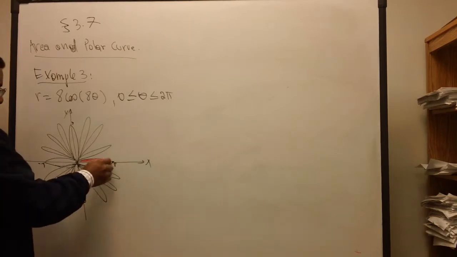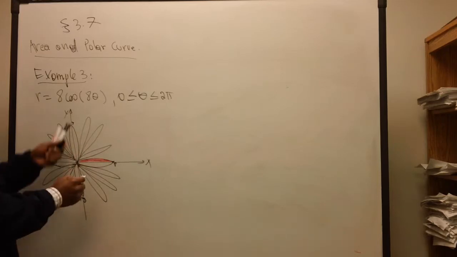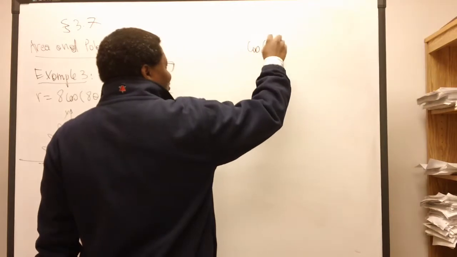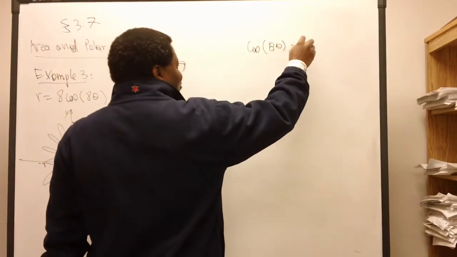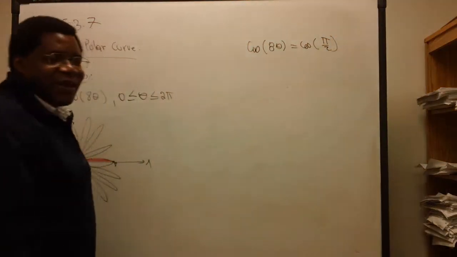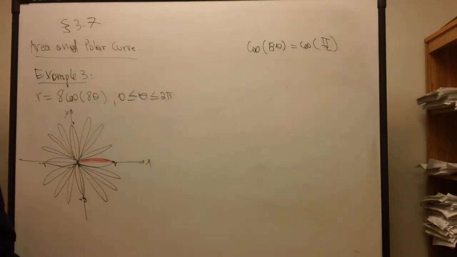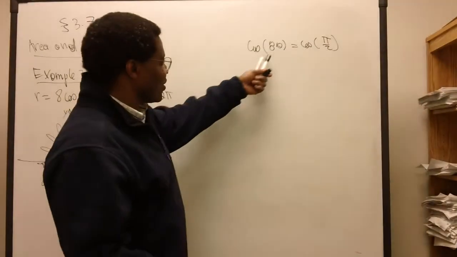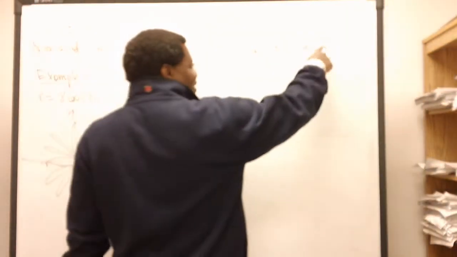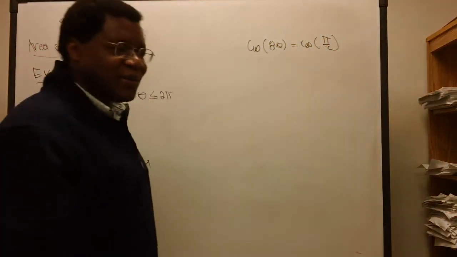But we need to know when cosine becomes 0 for this function. So what we're looking for is what theta will be so that when you plug in that theta, we get cosine to be 0. We can rewrite the equation as cosine of 8 theta equals cosine of some angle that will make cosine 0.